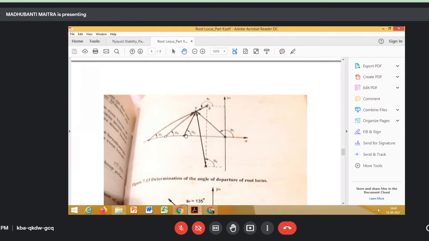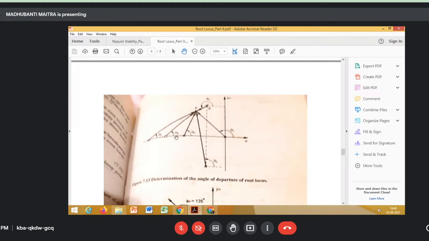So the angle of departure of this root branch is 0, isn't it? Yes, ma'am.